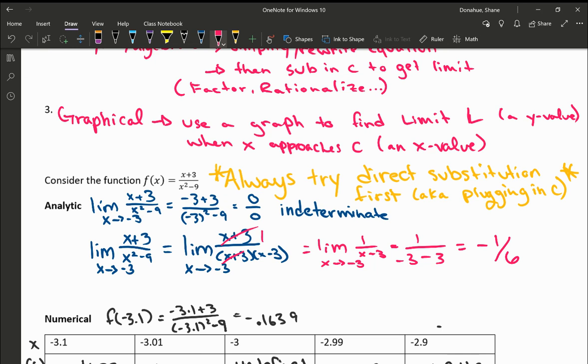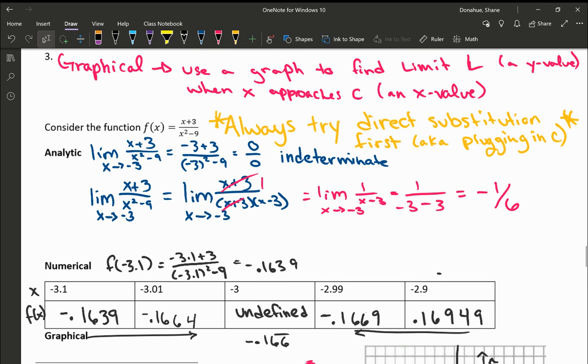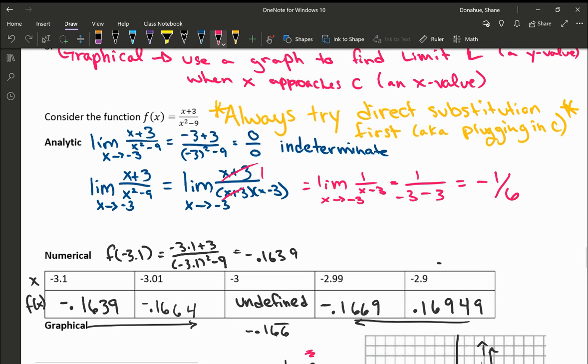Values that get closer and closer to that C that we're approaching. So I put up an example of using that -3.1, and that would give you -0.1639. For the other guys, you just substitute in, same process, and you'll get those values.